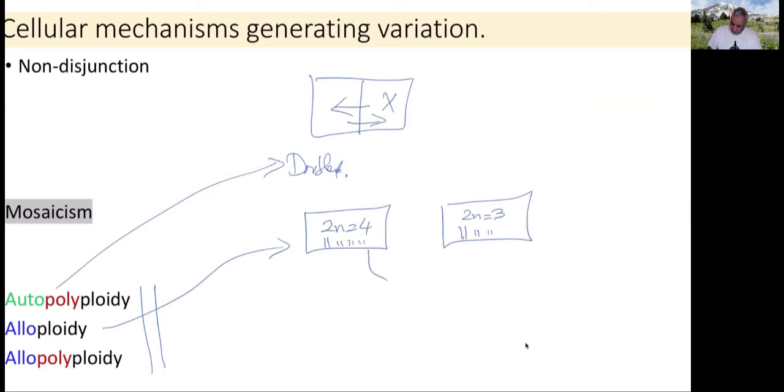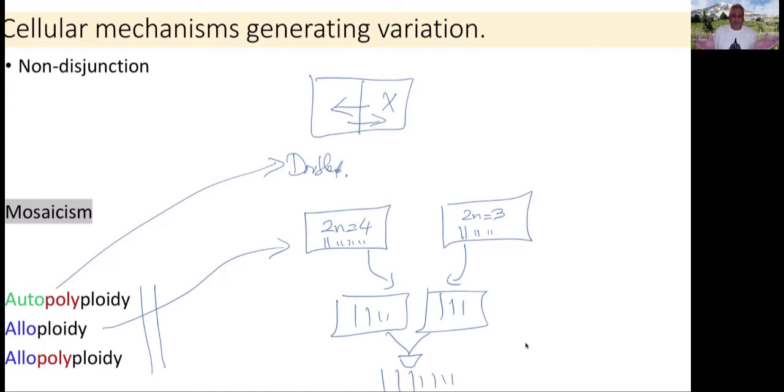So during formation of gametes, you'll have the gamete here containing 3 and the gamete here containing 4 different chromosomes. And when you get fertilization, you will end up with a cell that now contains 7 individual chromosomes. And that would be an example of alloploidy. Allo means between two different individuals. So the two individuals are here, and they will result in the formation of this alloploidy.